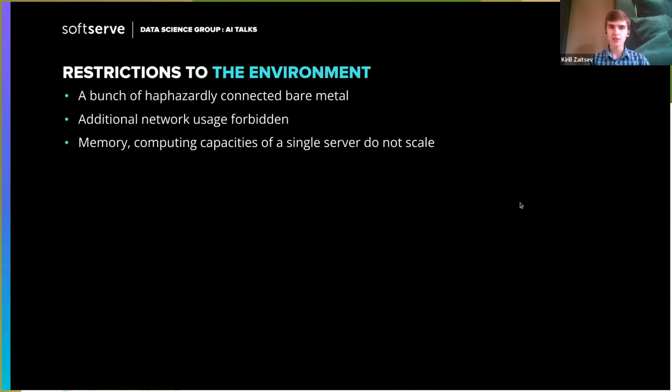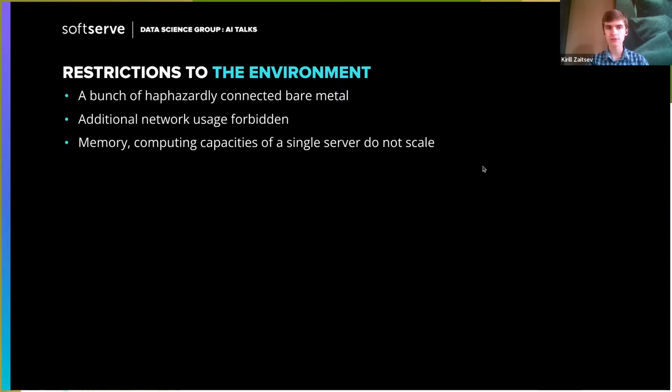So the environment adds certain peculiarities to our problem because we don't have a lot of networking possibilities. These are just 3 non-interconnected machines, and they are limited in their memory and computing capabilities. So basically, we can't scale our system to account for many processes at one time.